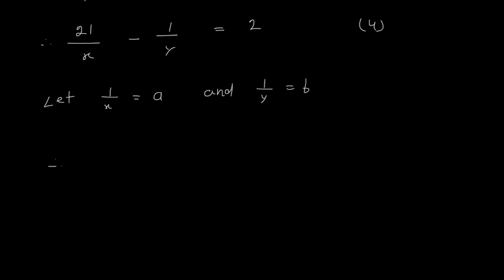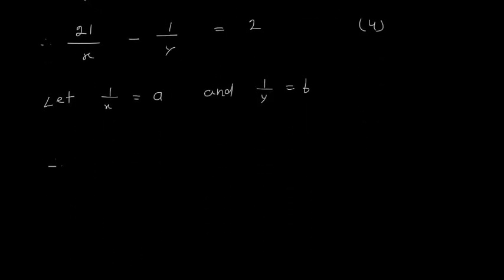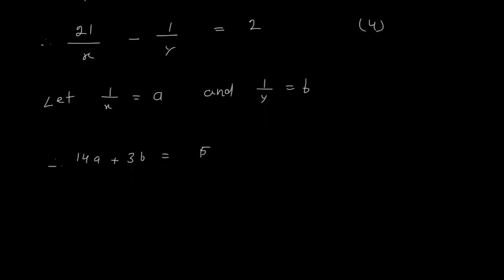So therefore our third equation becomes 14a plus 3b is equals to 5. We call this equation number 5, and we got this from equation 3. Also we have 21a minus b is equals to 2. We consider this 6, from equation number 4.